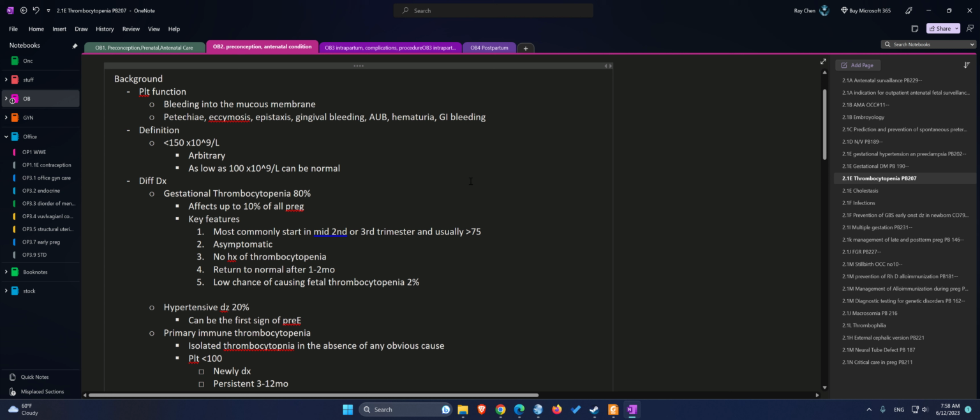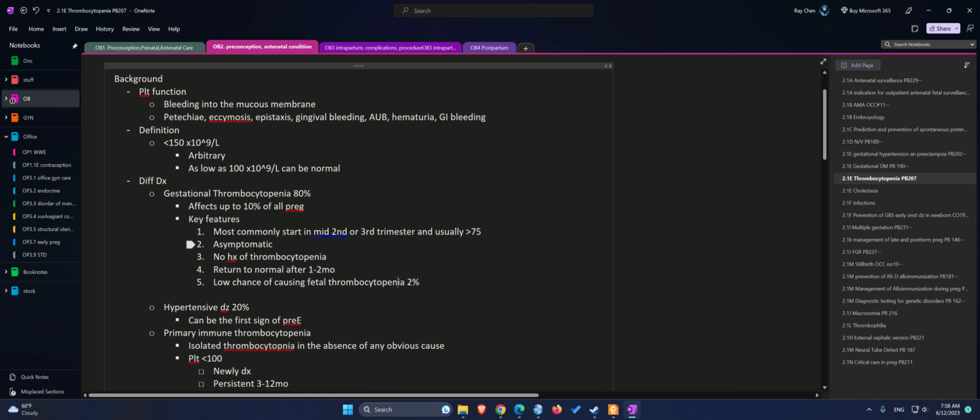Usually platelets are greater than 75. Patient is asymptomatic with no history of thrombocytopenia. Returns to normal after 1 to 2 months, and there's low chance of causing fetal thrombocytopenia, less than 2%.